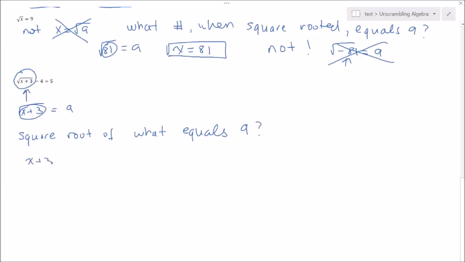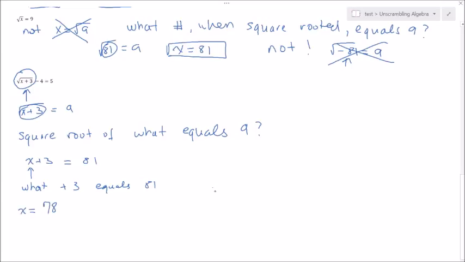So then x plus 3 must equal 81. And then finally, what plus 3 equals 81? And it's as simple as subtracting the 3 from the 81. So 78 must be our x.